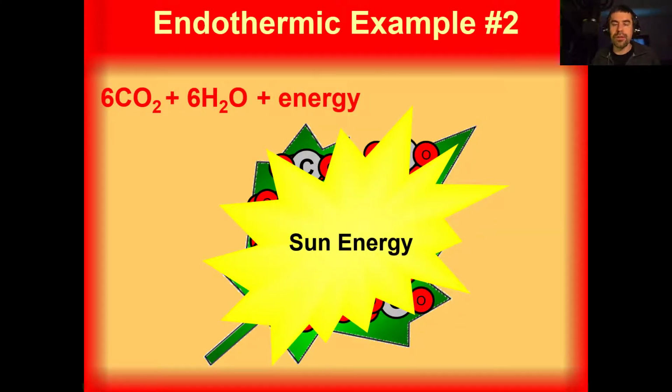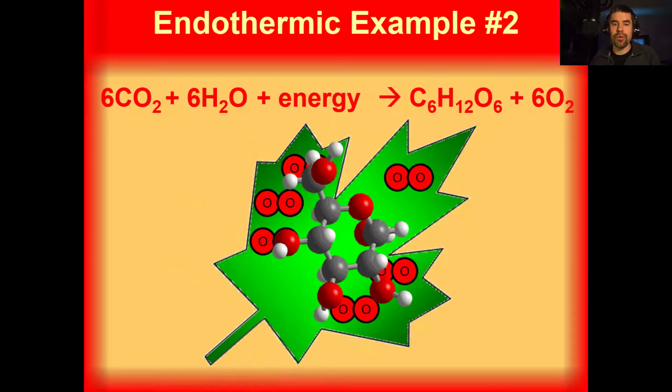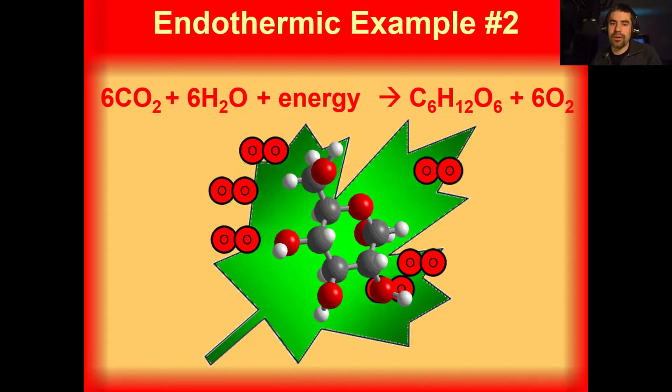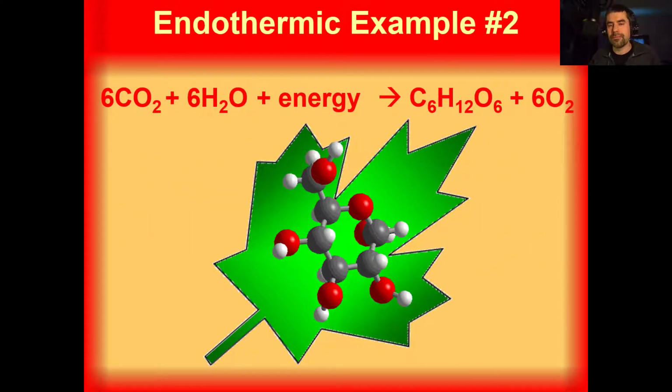This is energy coming in. It's a reactant. Then a chemical change is going to occur, and we form some glucose and some oxygen, and the oxygen goes into the environment. So that is an endothermic process, a chemical change, because bonds are being broken and new ones are being formed.